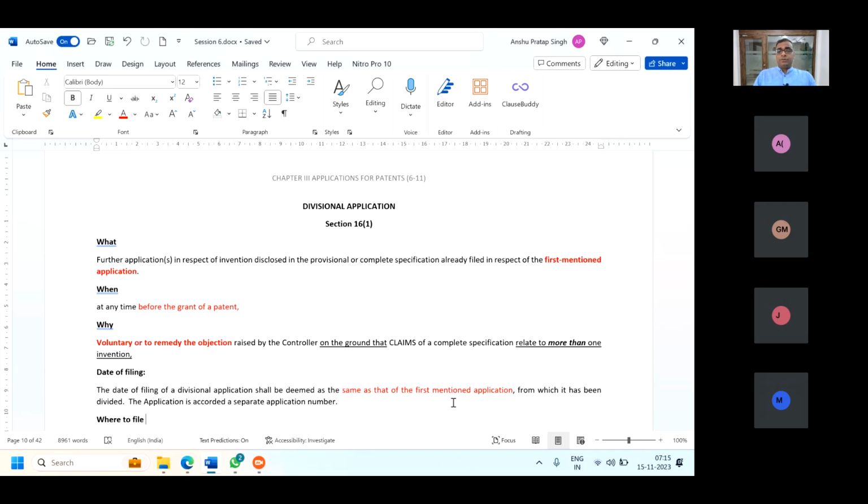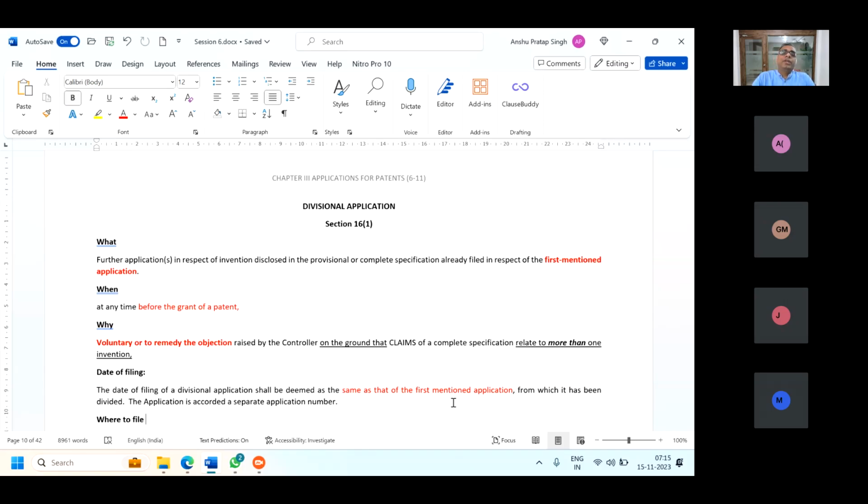Now, if you look closely, the entire thing is happening pre-grant of the patent. Either you have applied for it, or you got to know that there are 2 inventions, or the controller tells you. Both are before the grant of the patent.